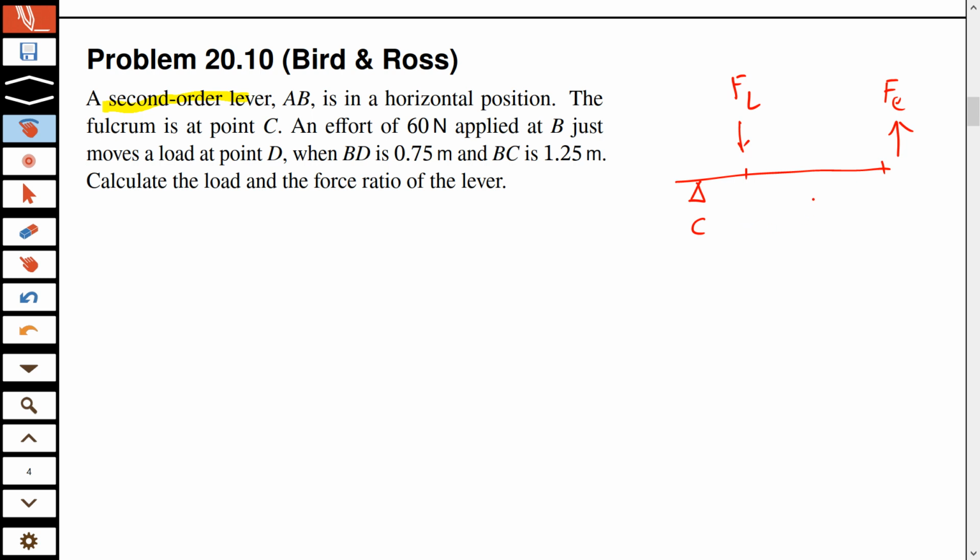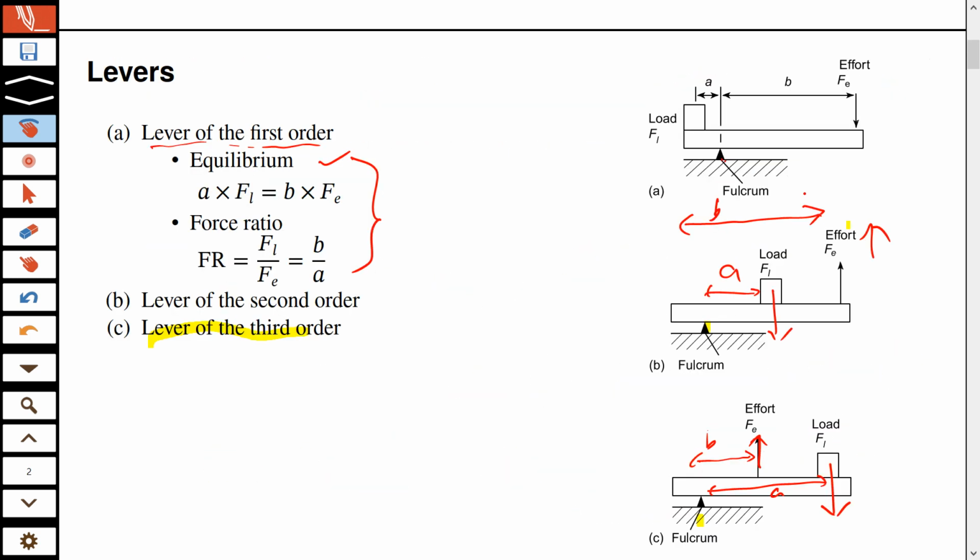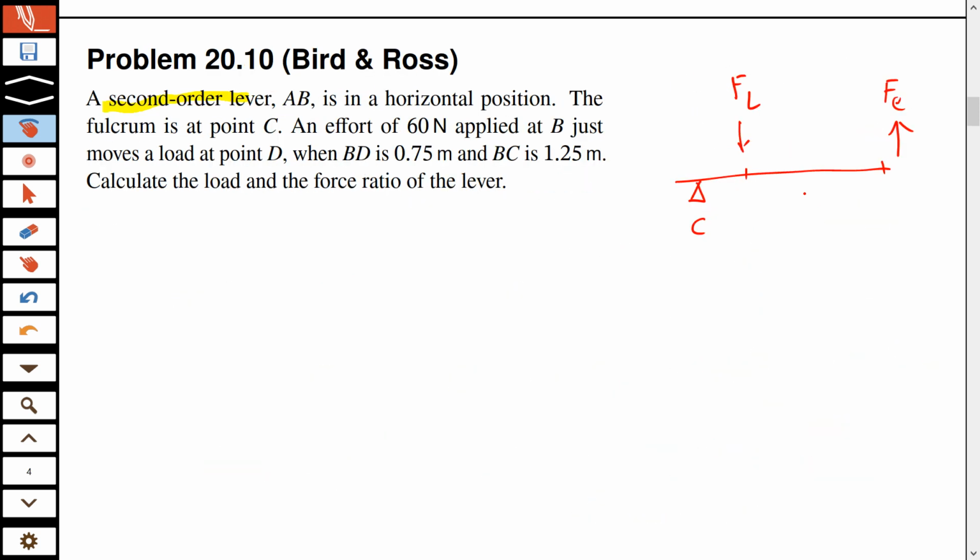An effort of 60 Newton. Is it second order lever? Yeah, second order lever, yes. An effort of 60 Newton.